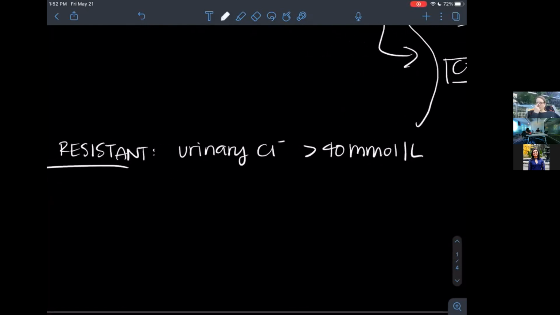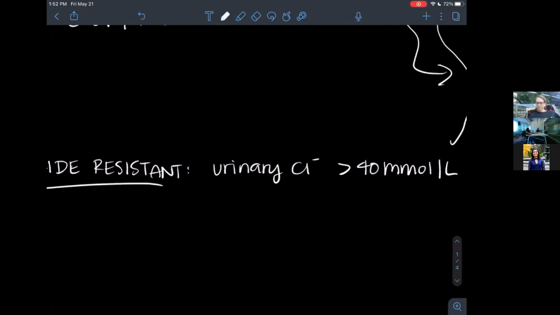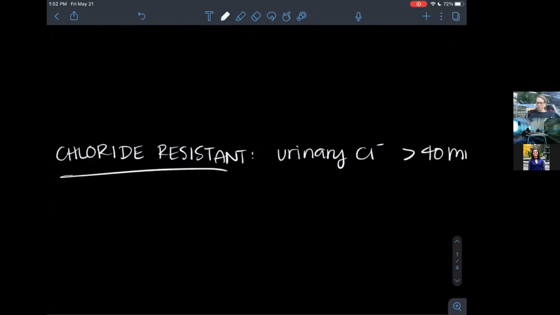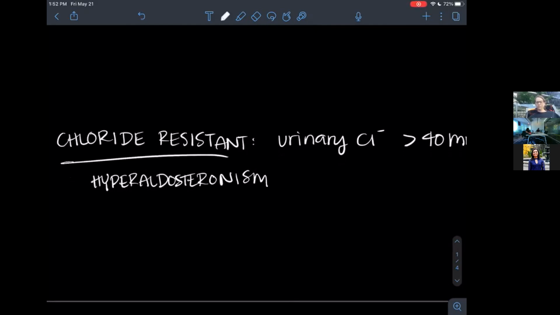So something is causing the chloride to go out as a result of the alkalosis. Things that cause this are hyperaldosteronism, and Cushing's can cause this.